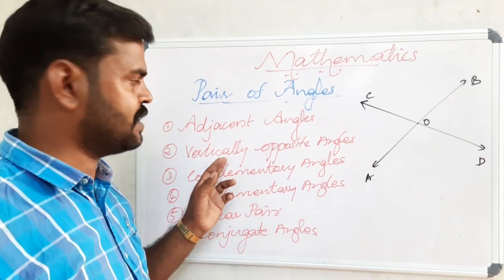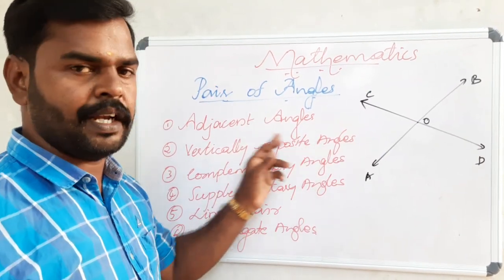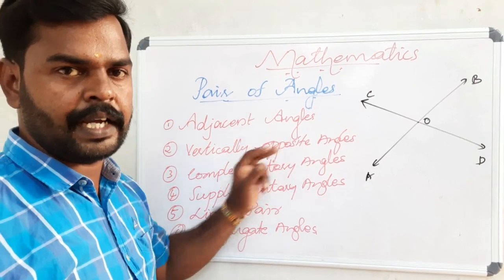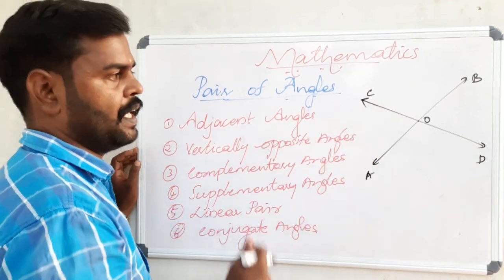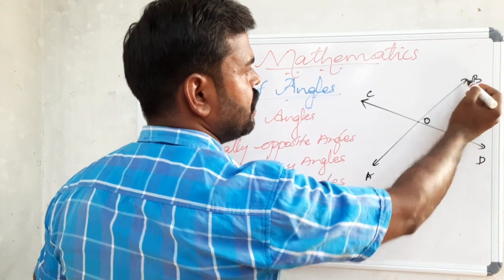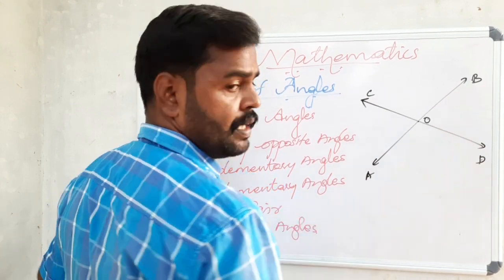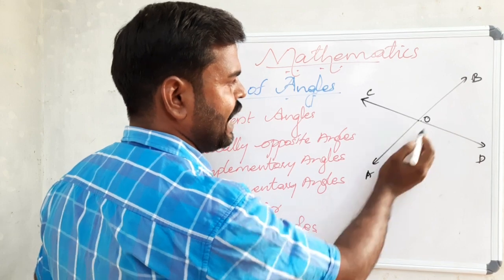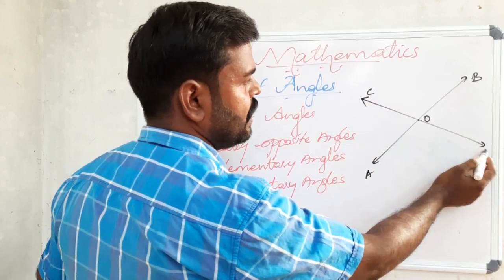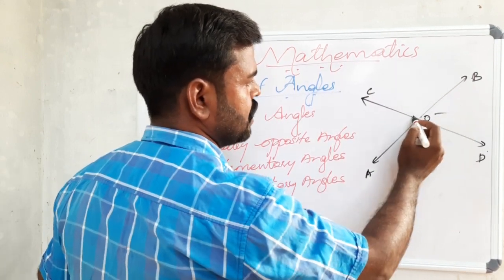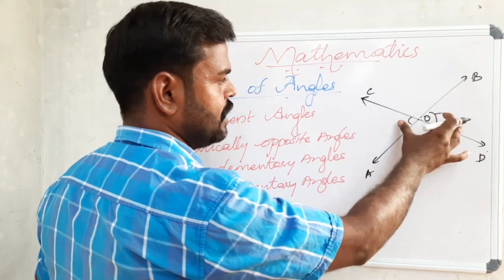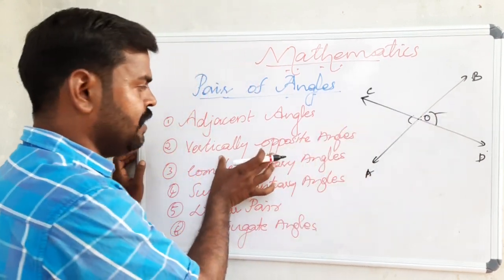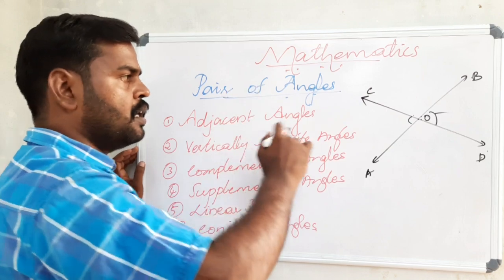Now, let us discuss vertically opposite angles. From the figure, angle BOD and COA, or AOC and DOB, these are opposite. This pair of angles is called vertically opposite angles.